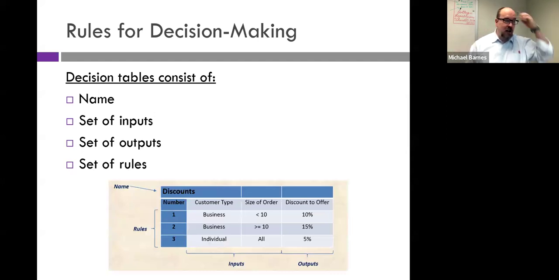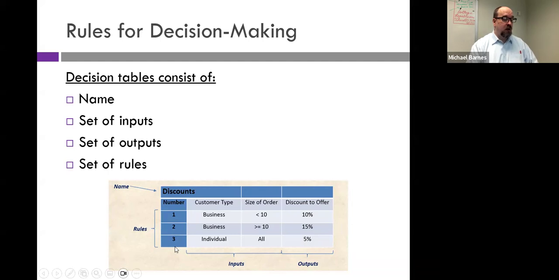As far as the way a decision table is going to consist, this is going to be fairly intuitive. We actually need to define the name of the decision that we're going to be associated with. What are the inputs? What are the outputs? And what are the rules? So the inputs are actually going to go in the same area of the table as the outputs, but they define what the outputs are going to be. An easy example of this is how discounts apply in a particular scenario.